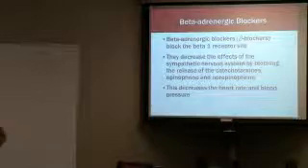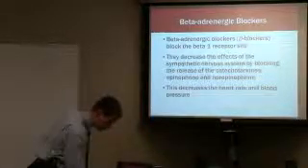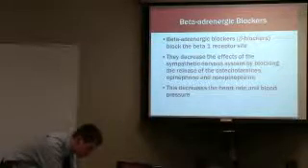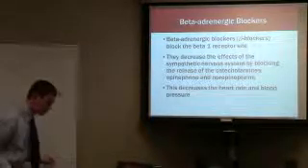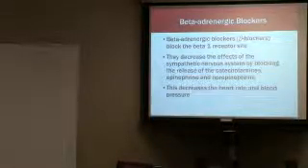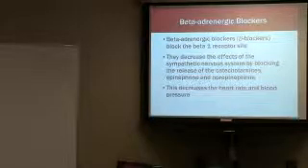Beta blockers are blocking that sympathetic nervous system, that fight response. They're blocking that. So by blocking the sympathetic nervous system, we have decreased heart rate, decreased blood pressure, etc. Everybody with me? All right, moving on.